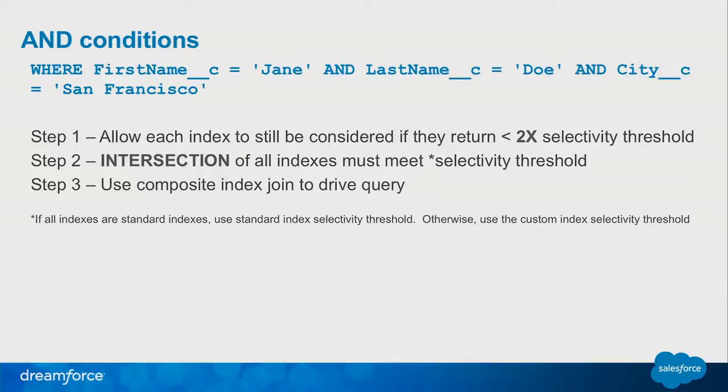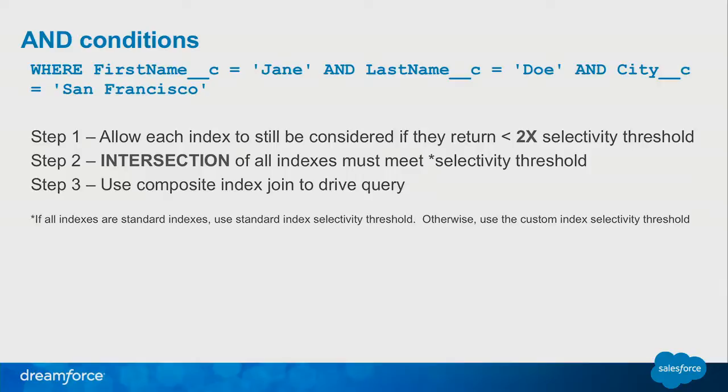So let's assume that we have indexes on first name, last name, and city on a custom object. Here, when we have an AND condition, the query optimizer is going to do an intersection of the indexes. The first step is that it allows each one of those indexes to go 2 times the selectivity threshold.